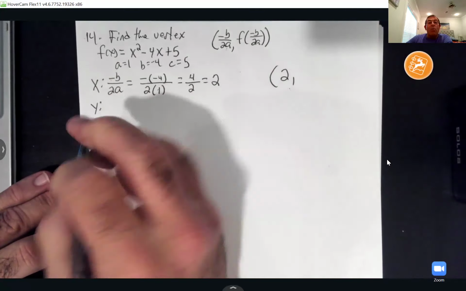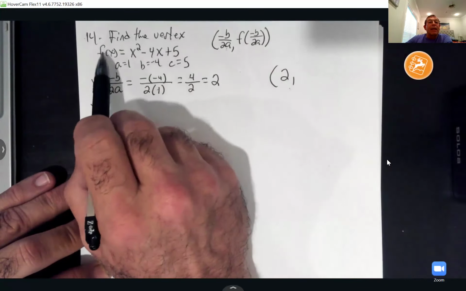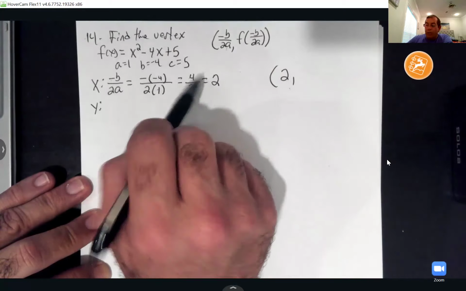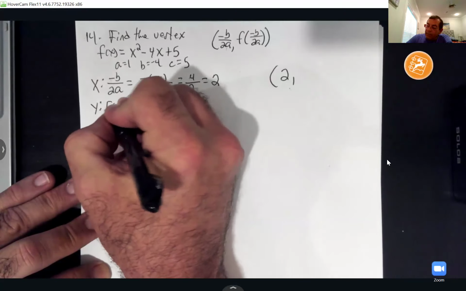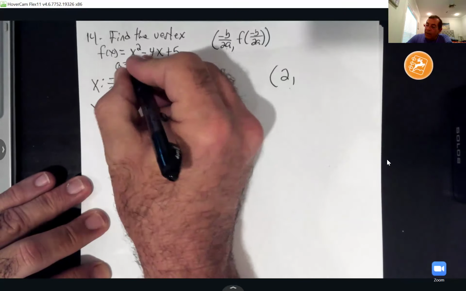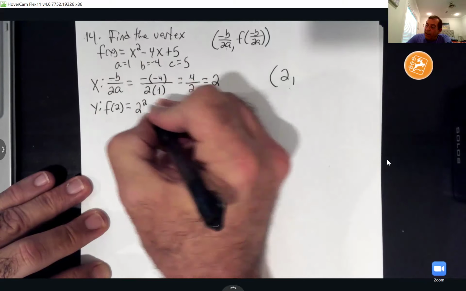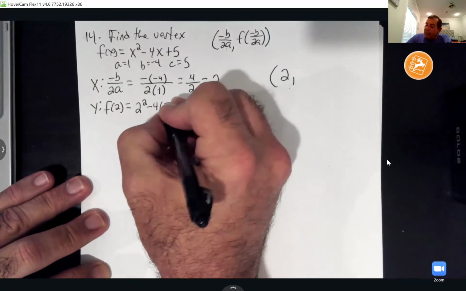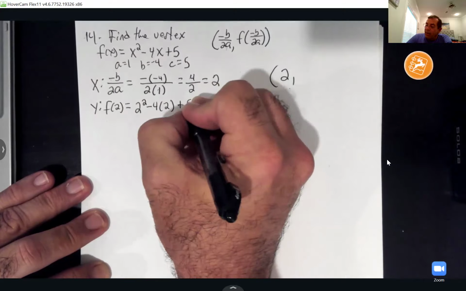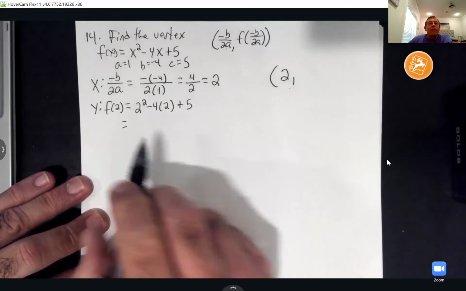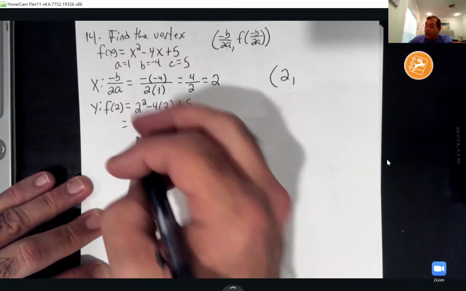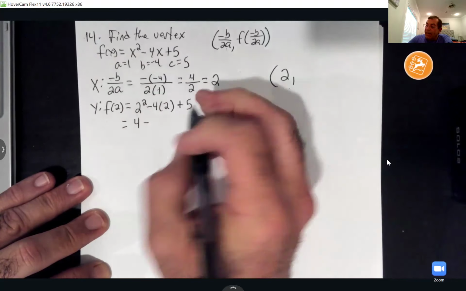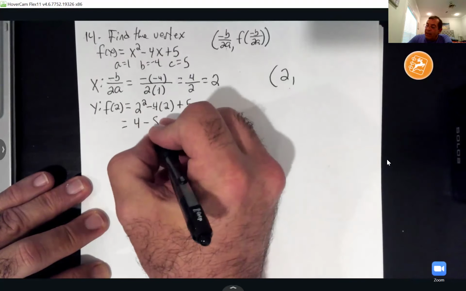So now I get my y value by finding f of that 2. So that'll be 2 squared minus 4 times 2 plus 5. So let's see. 2 squared is 4, right? Minus 4 times 2 is 8.